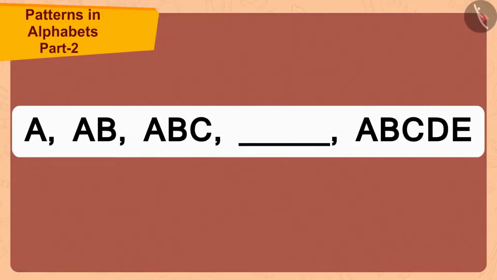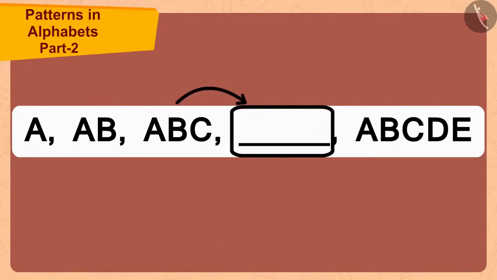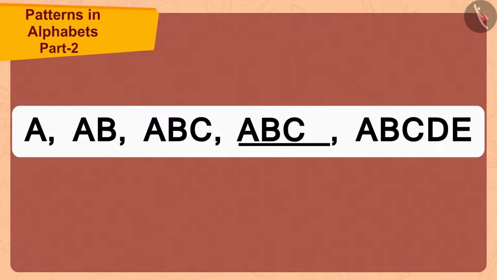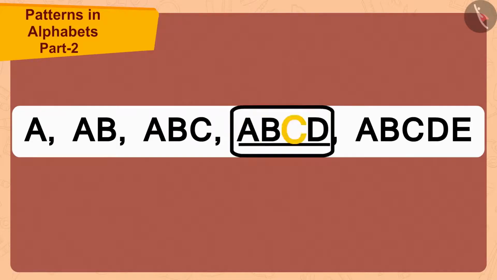And when A, B, both these letters are repeated, then the next letter C was added to it. So, now what will be the letters that come in the blank space? Repeating A, B, C will add the next letter D to it. In this way, the letters in the blank space will be A, B, C, D.